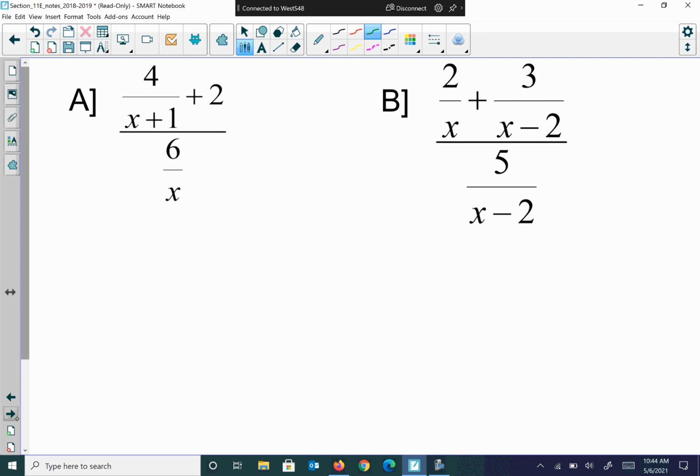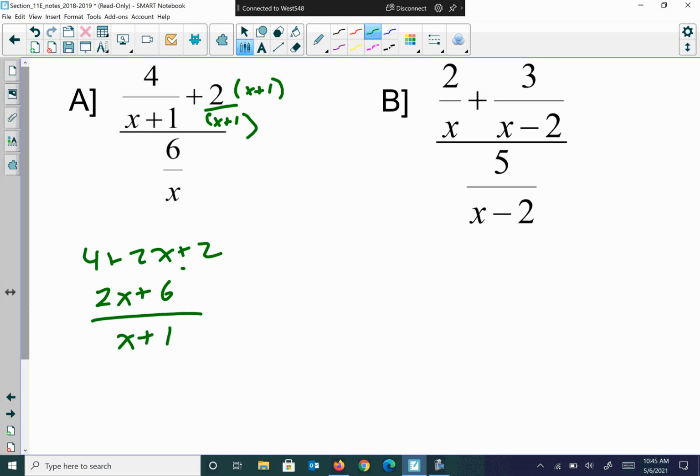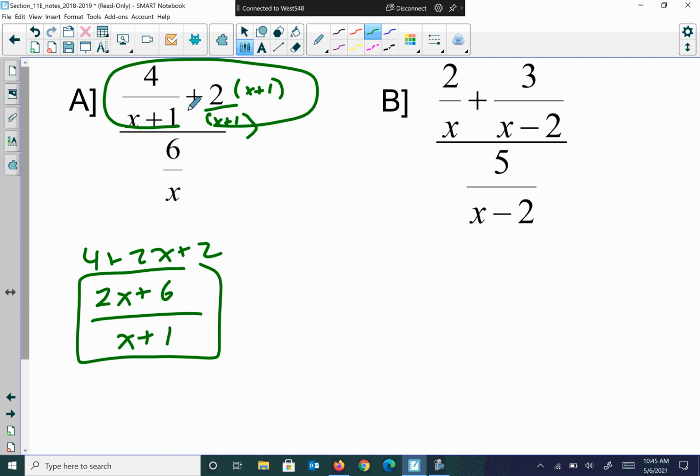All right. Agree? So I get 4 plus 2x plus 2, which is going to give me 2x plus 6 over x plus 1. So this is the top worked out. Oh, this is actually a little friendlier.